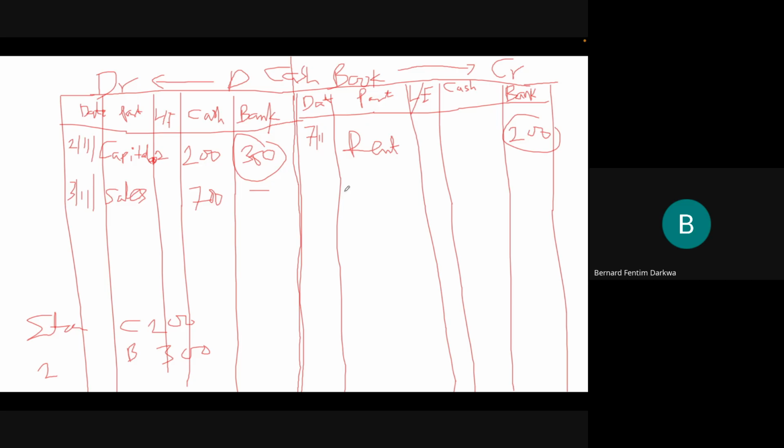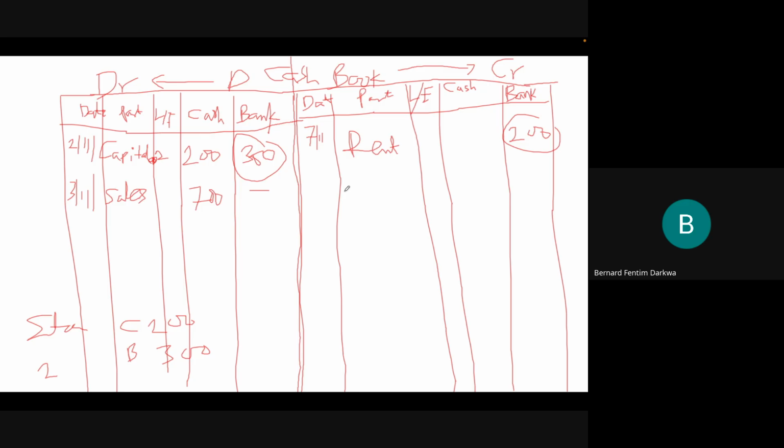Then there's one thing that you have to remember. Sometimes, whenever you see a transaction that affects both cash and the bank at the same time, it is called a contra transaction. So look at contra entry. When you are doing accounting, how do I understand the word contra entry?